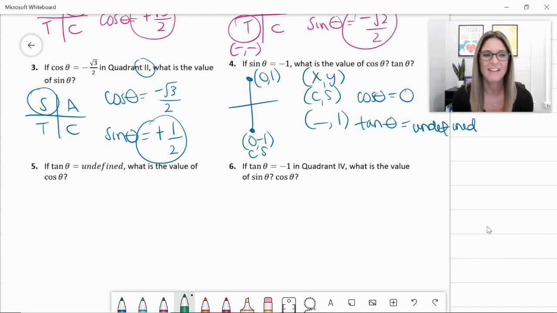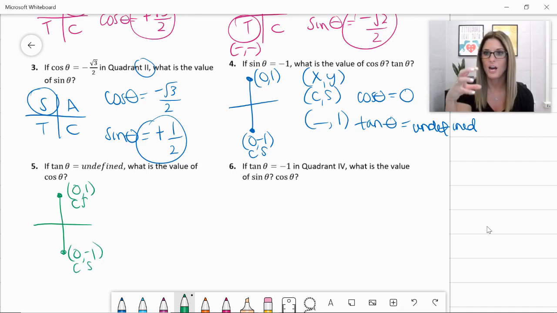All right, number 5, if tangent theta is undefined, well, we were just talking about that. If I sketch a coordinate plane, undefined tangents is up and down, so up at 90 or at 270. So if tangent's undefined, what's the value of cosine? Okay, so just piggybacking off what we were talking about, these ordered pairs straight up at 90 would be 0, 1, 0, -1, and it's always cosine, sine, cosine, sine.